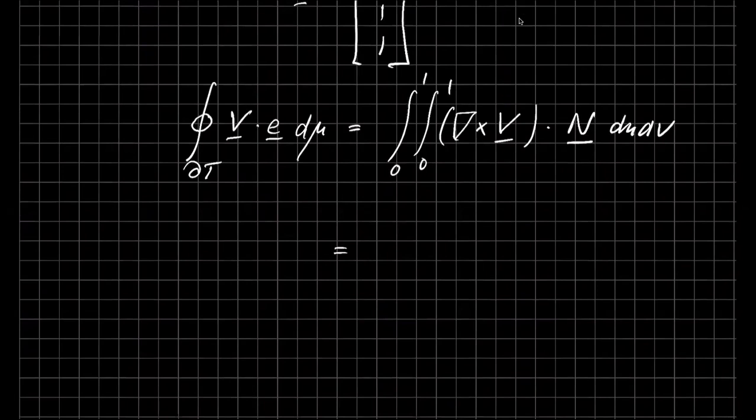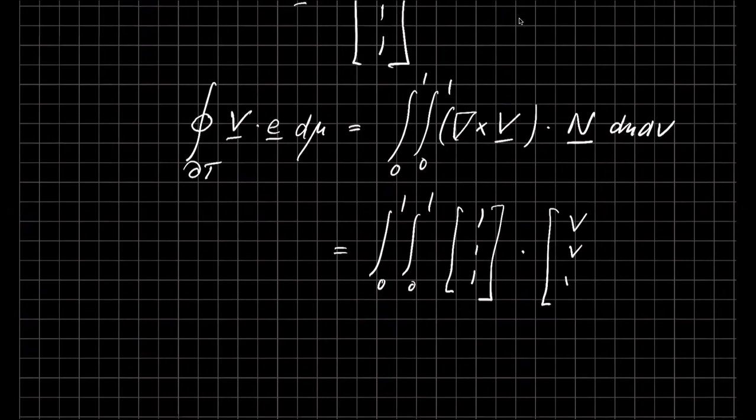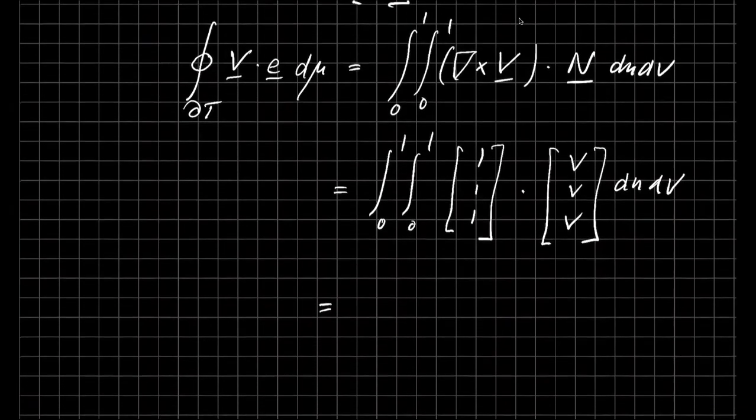So this will be equal to the integral from 0 to 1, 0 to 1, of this constant curl vector dotted with the normal vector, du dv. This equals the integral from 0 to 1 and 0 to 1 of 3v, the dot product of these two vectors, du dv.